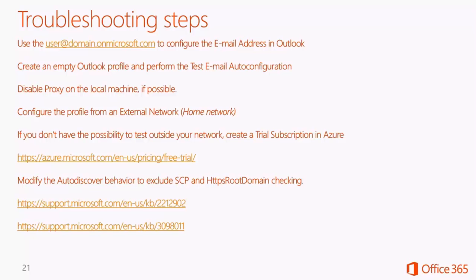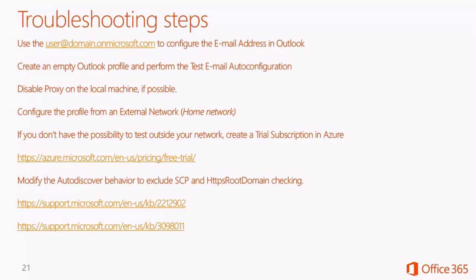Try to disable the proxy if possible. Configure the profile on an external network or home network. If you don't have the possibility to test outside the network, for security reasons, you have the option to test it inside, but on a different machine, by creating an Azure trial subscription, creating a machine there, and testing from there.